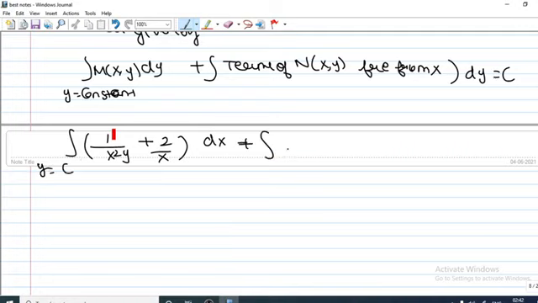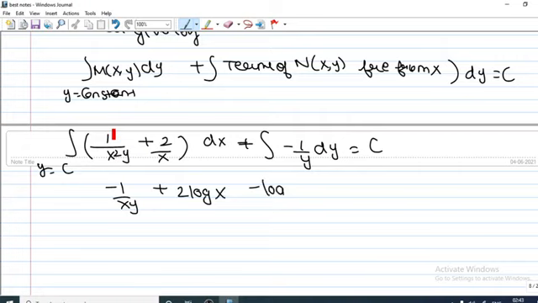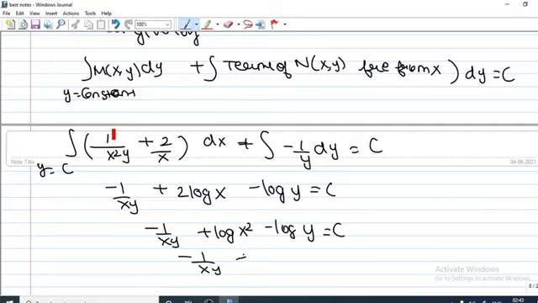Then terms free from x, which is only one term, 1 by y, and dy equals to constant. If you integrate, you will get answer minus 1 by xy, and here if you integrate, it will be 2 log x, and here it will be minus log y. After this, minus 1 by xy, first log x square minus log y, further minus 1 by xy plus log x square by y. So this is your answer.